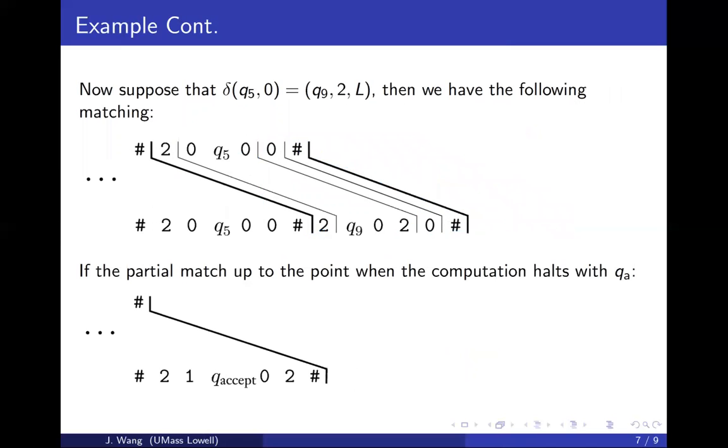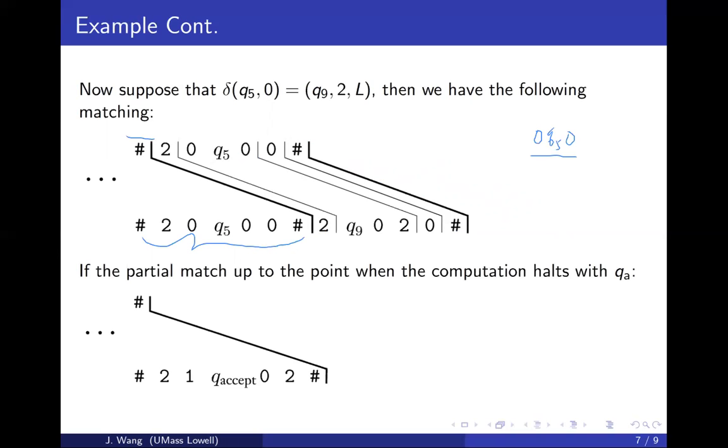Okay, so this is where we are, where we were from the previous slide. So now we have 0, Q5, 0.